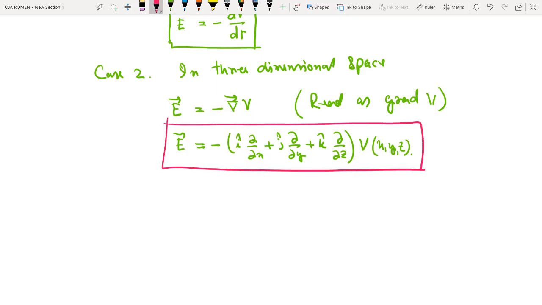While differentiating with respect to x, we consider y, z constant. While differentiating with respect to y, x and z will be treated as constant. While differentiating with respect to z, we consider x and y as constant. That is known as partial differentiation.